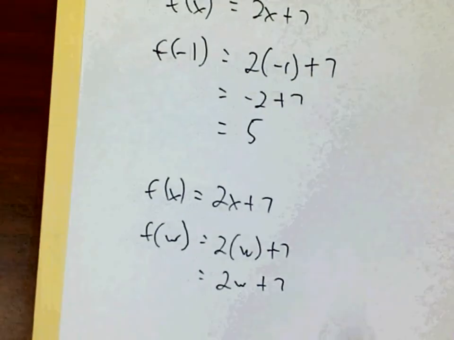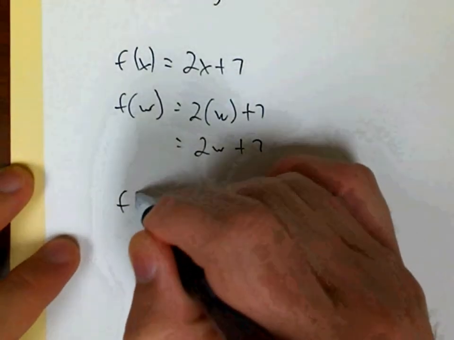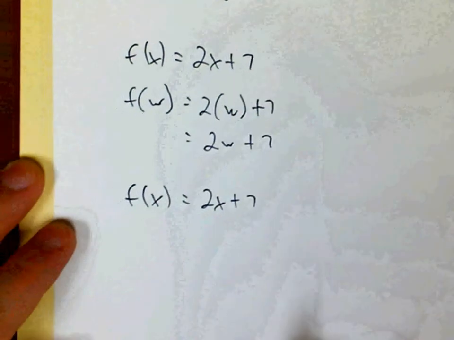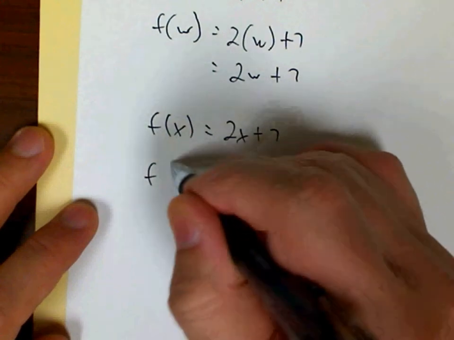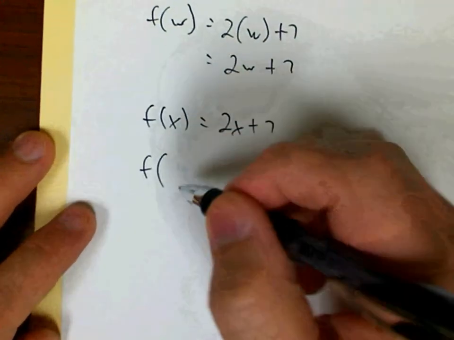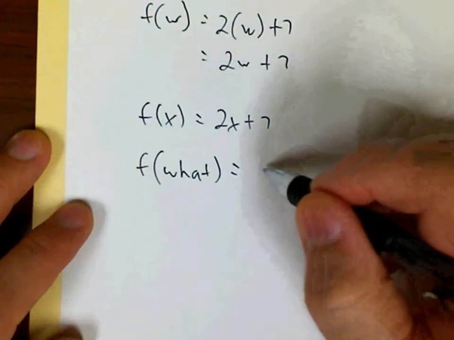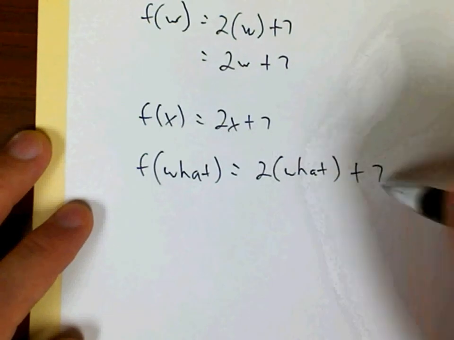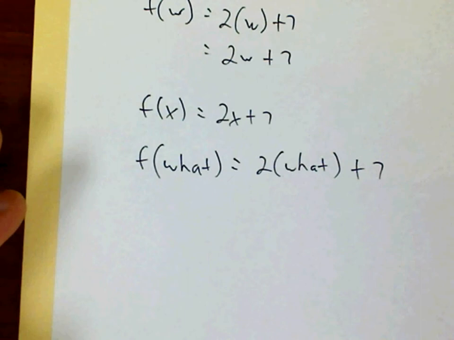Let's do a couple others, just to show you it doesn't matter what you have. So I'm going to write the function down again, just so you can see it as we go along. Let's just go a little crazy. Let's find f of what? Doesn't matter what it is. We're going to call it what. Everywhere you see an x, you put what?